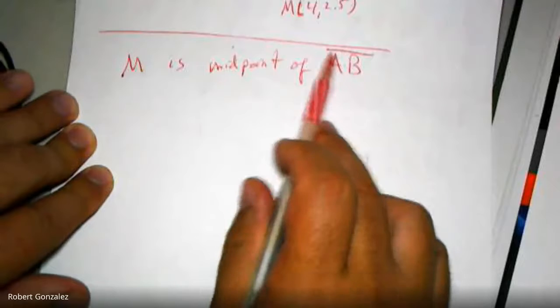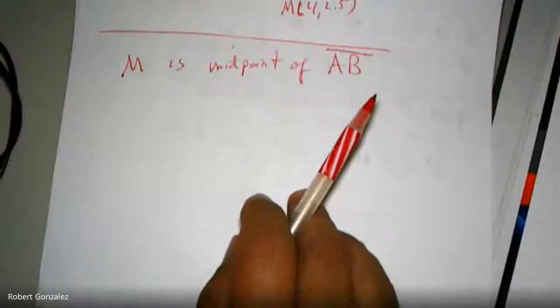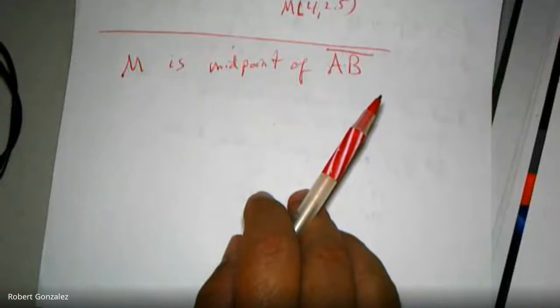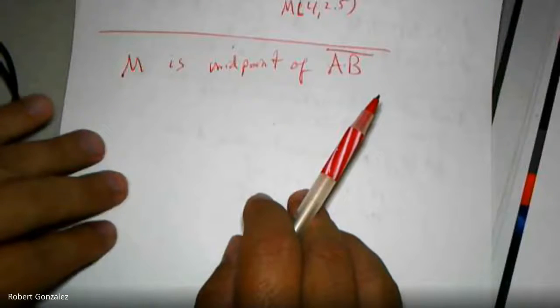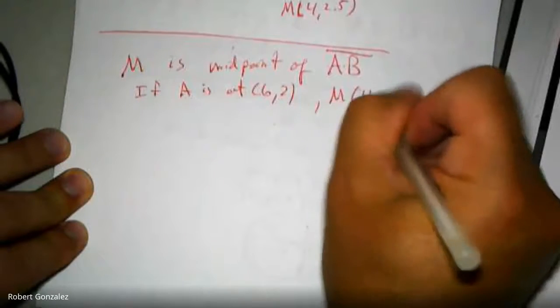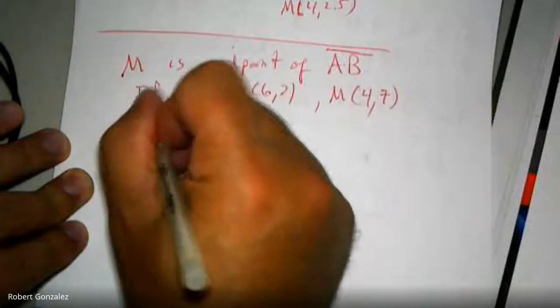If you write AB by itself, that means distance. AB with the line on top means segment. So, if A is at (6, 2), and M is (4, 7), find B.